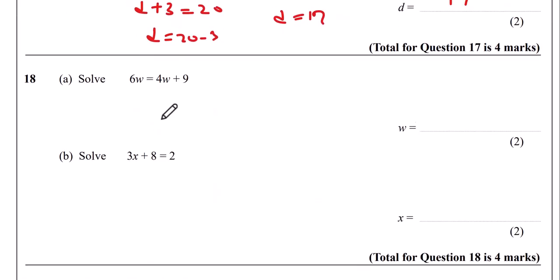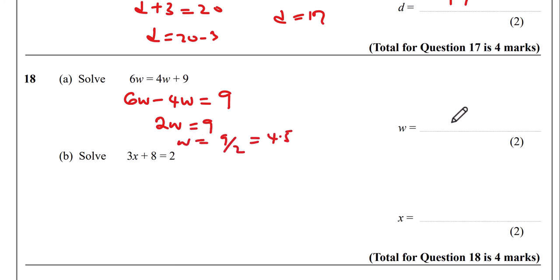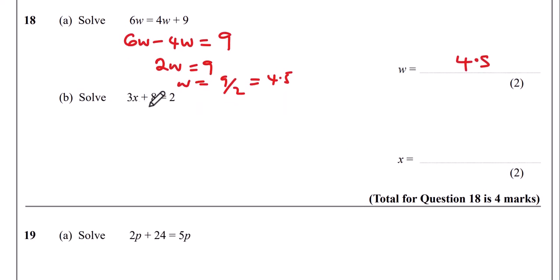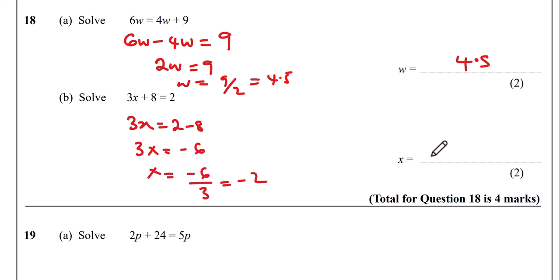And of course again here you're going to subtract 4w on both sides, so 6w minus 4w, and it equals 9, and if you subtract this you get 2w equals 9. Obviously w will be 9 divided by 2, which is 4.5. And of course this one, again you subtract 8 on both sides, so 3x equals 2 minus 8, and that's equal to minus 6, and x is minus 6 divided by 3, which is minus 2.